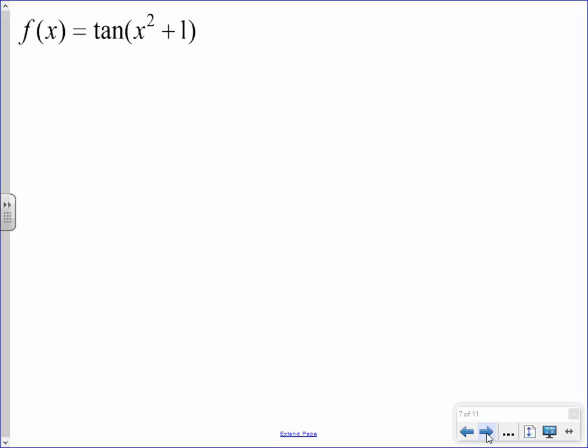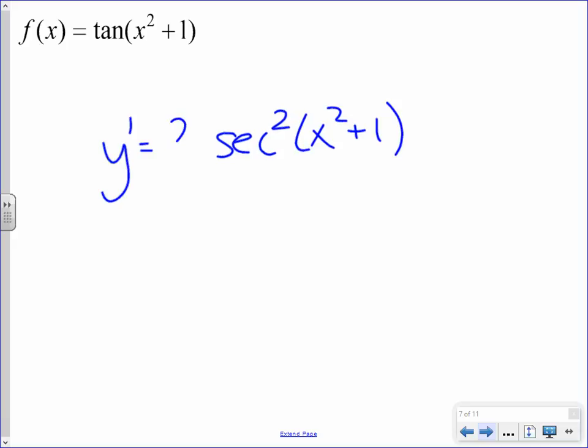All right, good. I'm saying secant squared of x squared plus 1 times 2x. Okay. One thing that I saw from like 6 or 7 people, okay, is that you wrote, oh, the rule is secant squared x, and then you put your angle in there.